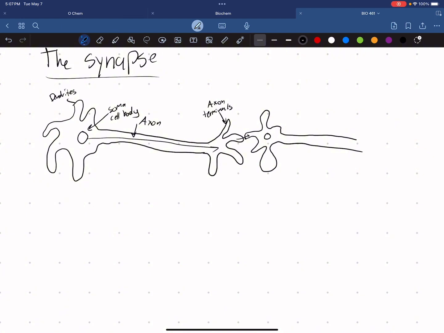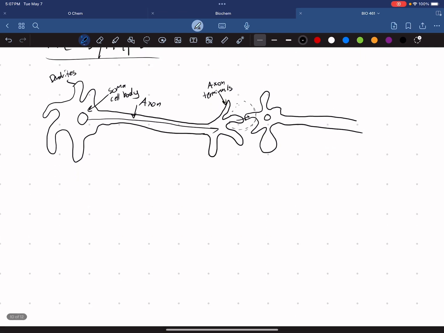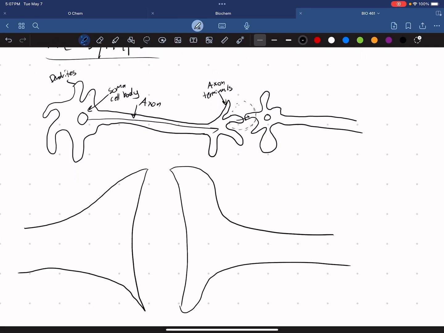So what I'm going to do is blow up this little picture right here to give a better explanation. This here is the axon terminal of the first neuron sending to the dendrite of the next neuron.